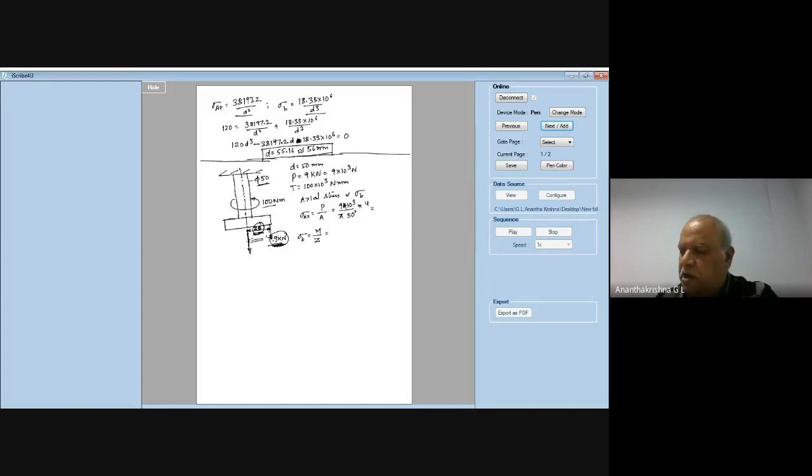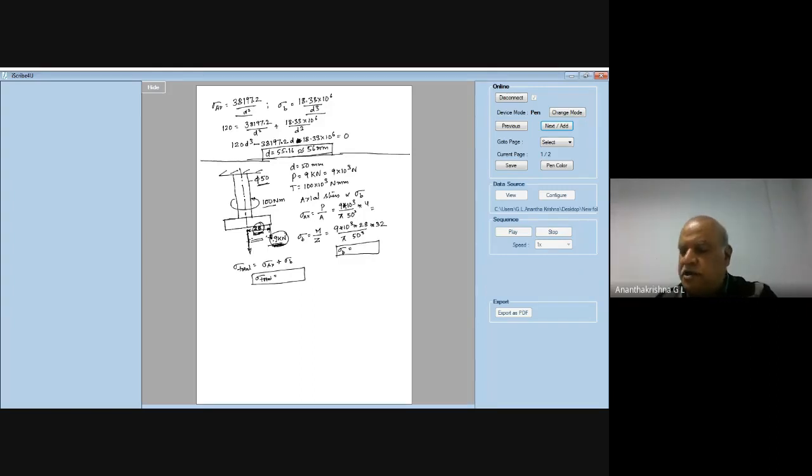Bending moment is 9 kilonewton into 28 mm, divided by pi d cube by 32. This should give you the bending stress value. Therefore, sigma total is the sum of sigma axial plus sigma bending. So find out sigma total from this.